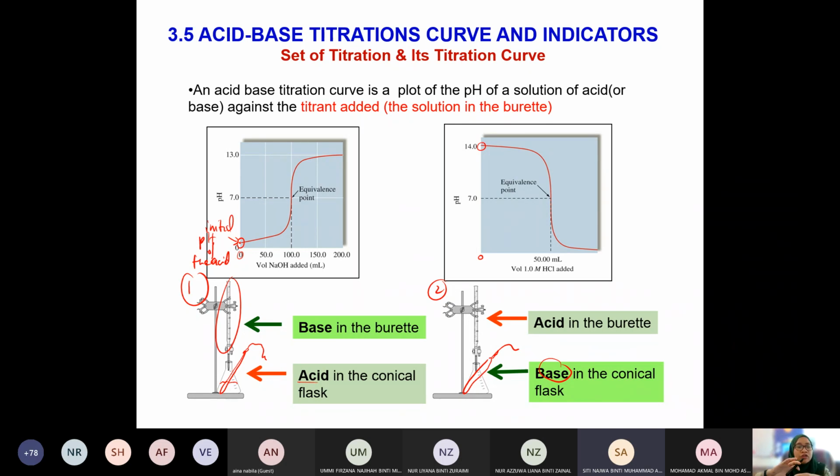Serang as in it will neutralize the base. Sebab before the equivalent point, kat kawasan ni, the mole of acid is larger than the mole of base added.